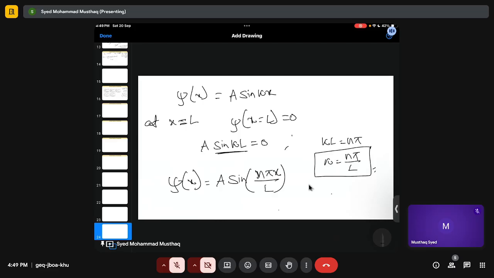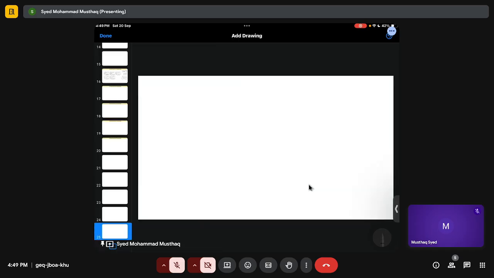And allowed energies will be, so k, we know what our wave vector is. The wave vector is root of 2mE upon h cut square. This is the potential energy from which we came. So k square is equal to 2mE by h cut square.